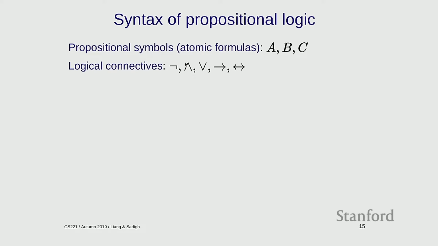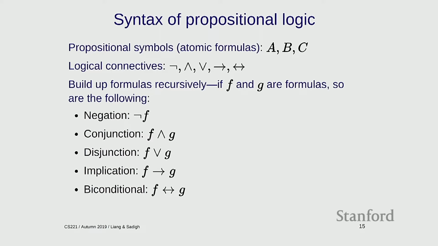There's going to be logical connectives, such as not, and, or, implication, and bidirectional implication. And then the set of formulas are built up recursively. So if f and g are formulas, then these are also formulas. I can have not f, I can have f and g, f or g, f implies g, and f bidirectional implication g, or equivalent to g.